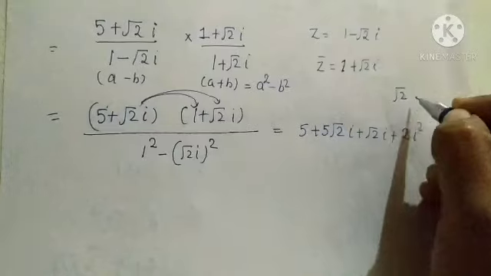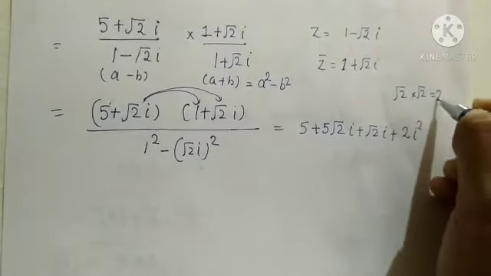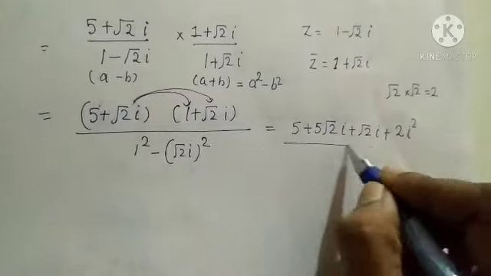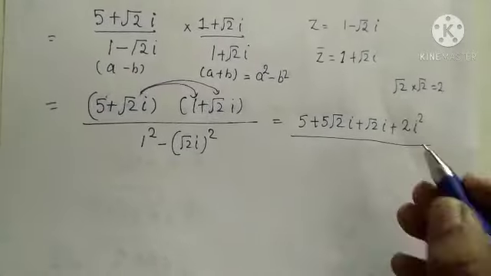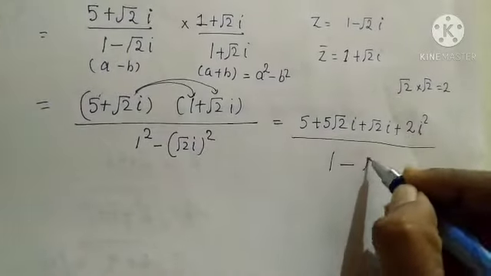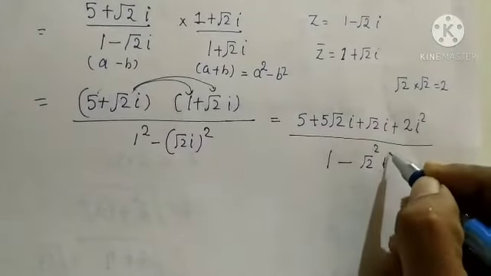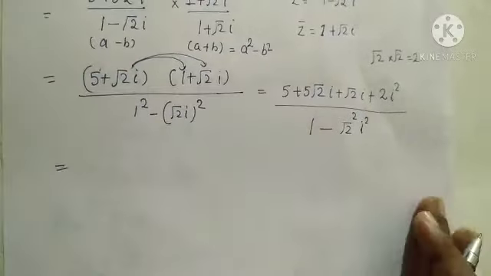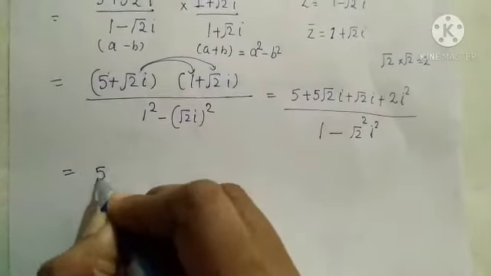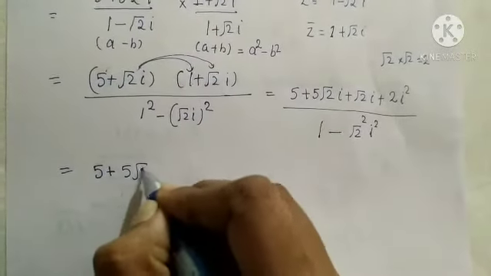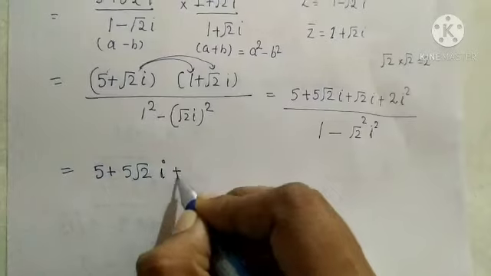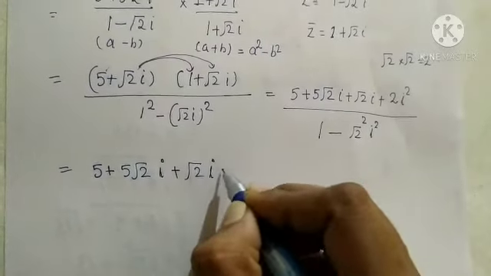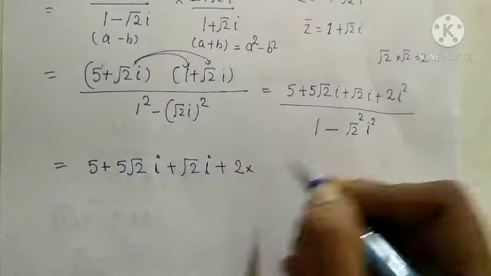We know that root 2 into root 2 becomes 2, right? And whole divided by 1 minus root 2 square into i square. Okay, and this will be further equal to 5 plus 5 root 2i plus root 2i plus 2 into i square.